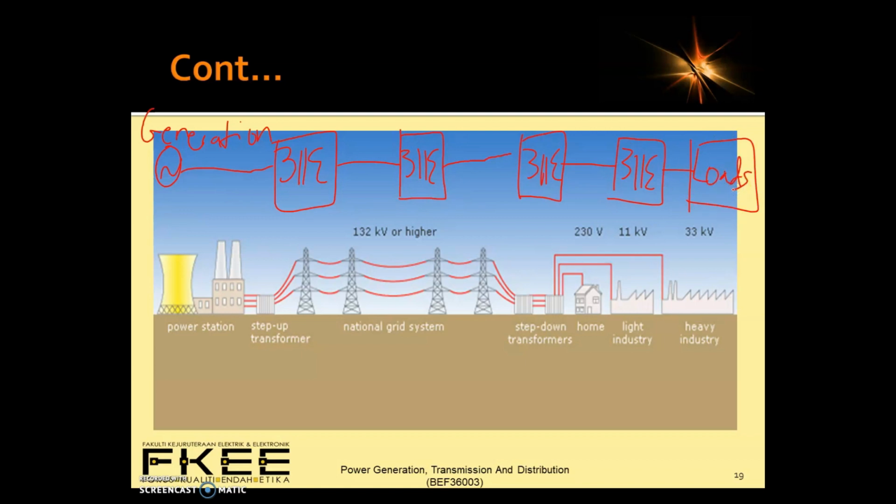Starting from the generation, normally it is about 11 kV, and then goes to the step up transformer. The transformer is around 11 to 132 kV. And then we have the transmission line here. This one is the transmission line.